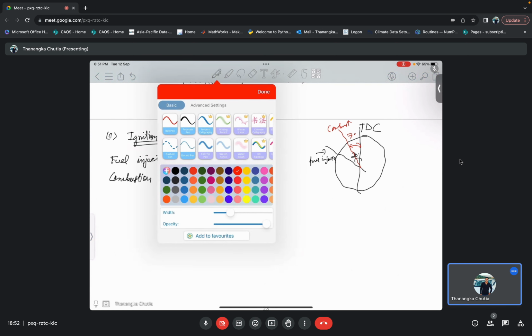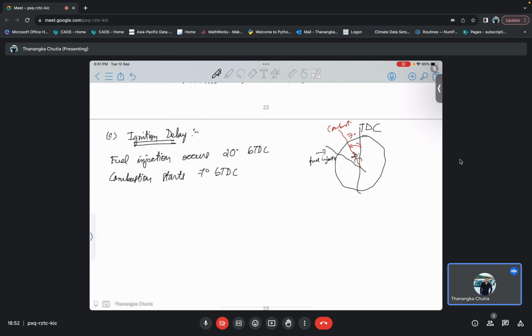So that means there is a delay. Till here the fuel is present, but it is not starting to ignite until it goes to 7 degree before TDC. So therefore your ignition delay is equal to 20 minus 7, that is 13 degree.